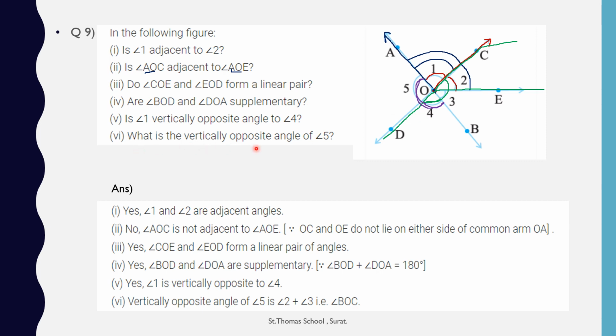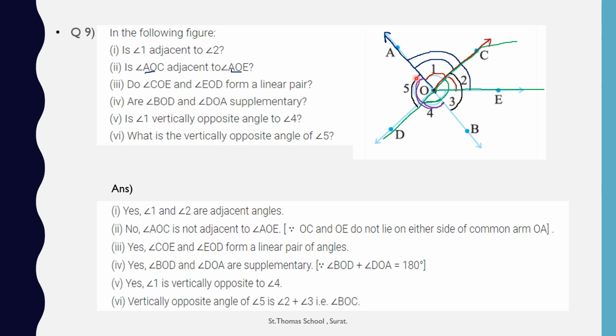What is the vertically opposite angle of angle 5? So this is angle 5. Look at the figure. In the same way you can see here, this is the vertically opposite angle. This is angle 5 and this is the vertically opposite of angle 5. So what is the angle? Angle 2 and angle 3, both.